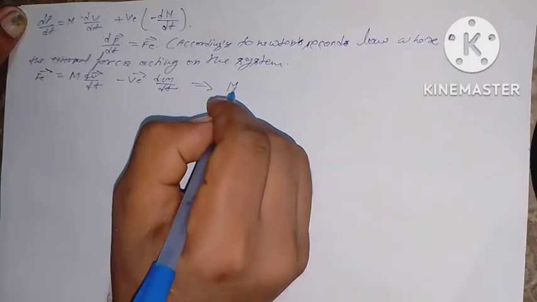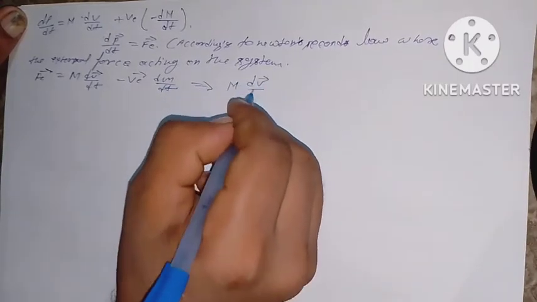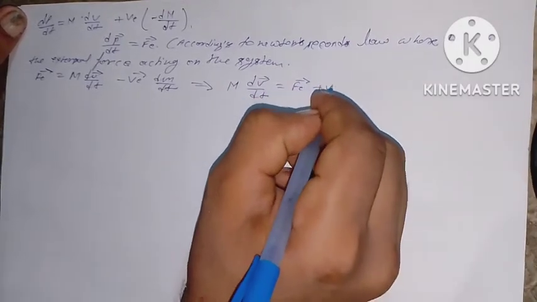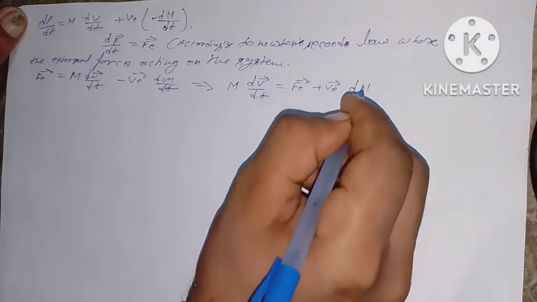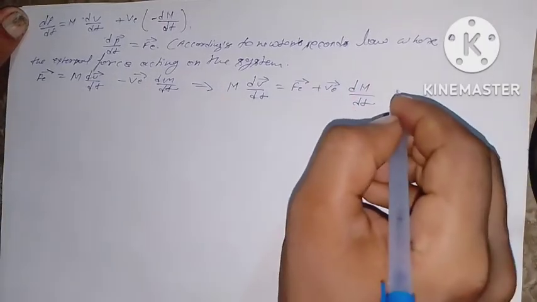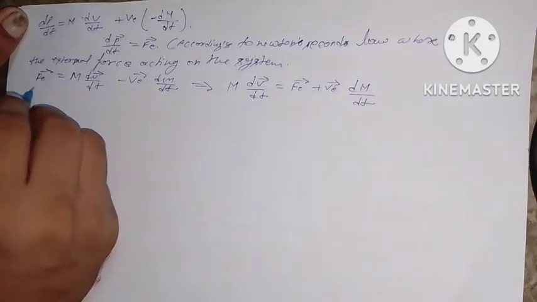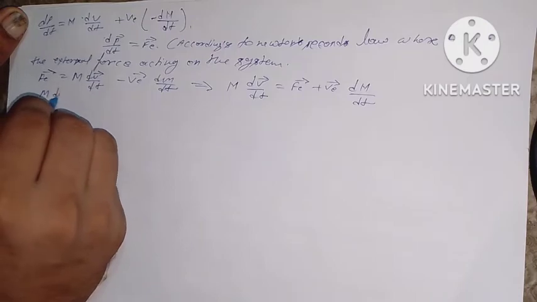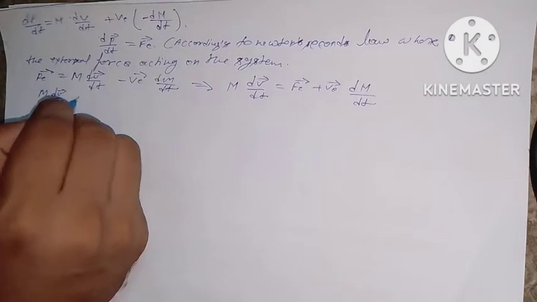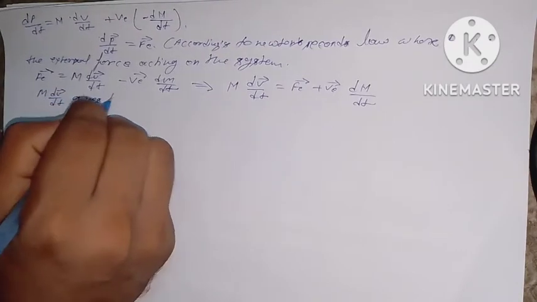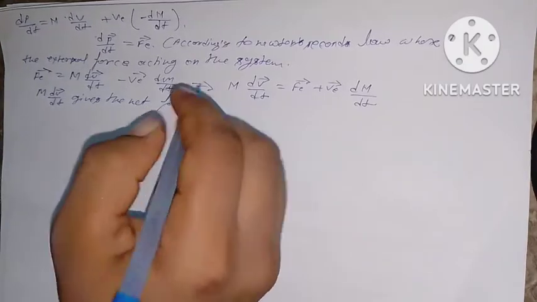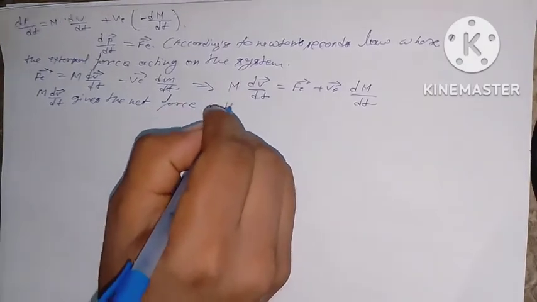So capital M dV vector upon dt equal to Fe vector plus ve vector dM upon dt, okay? Where capital M dV vector upon dt gives the net force acting on the rocket, okay?